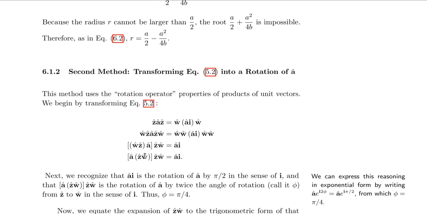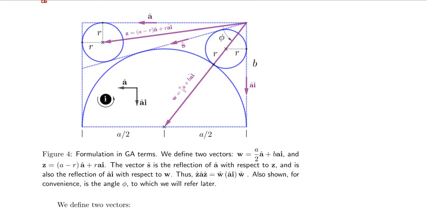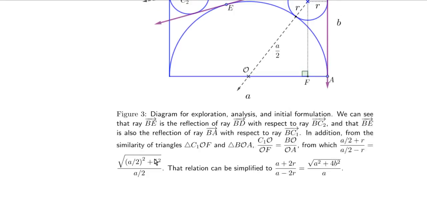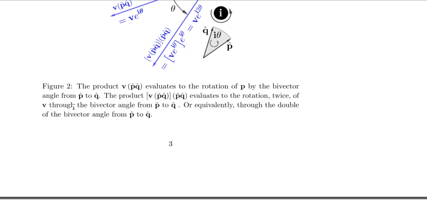What this product is, going back to our earlier diagram, would be a rotation by twice this angle.